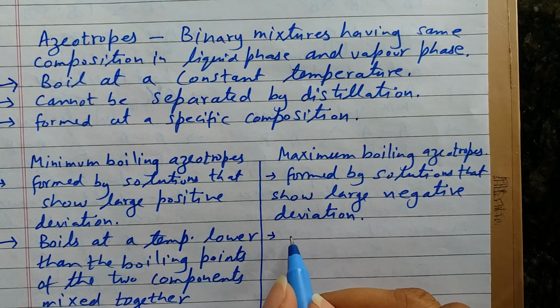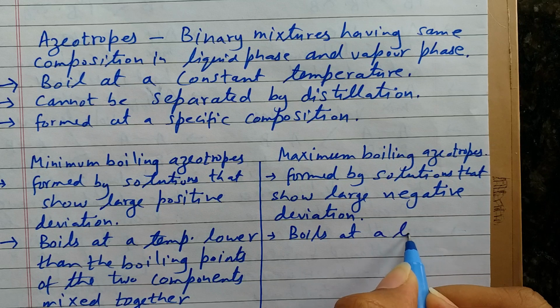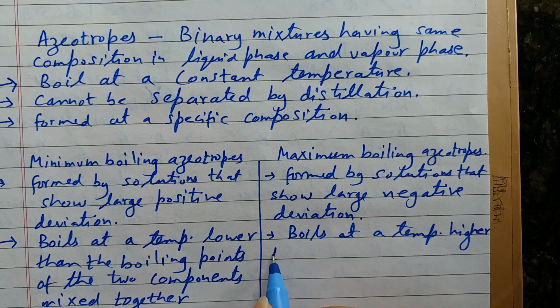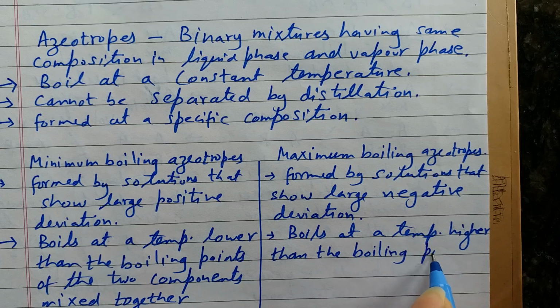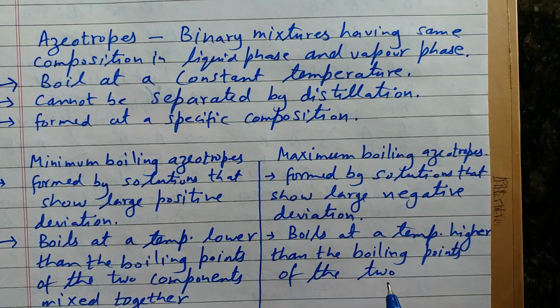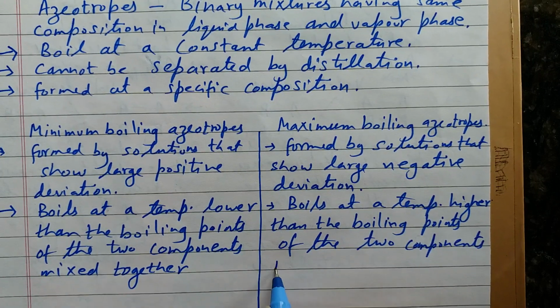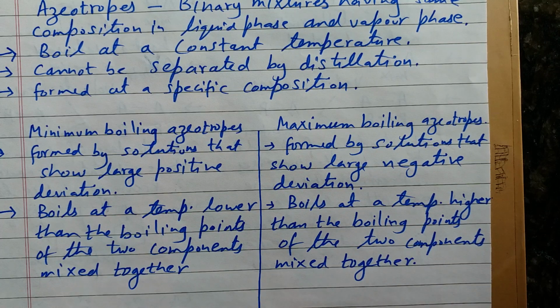And you can guess here what will happen. The maximum boiling azeotropic mixture boils at a temperature that is higher than the boiling points of the two components mixed together. So that is why the names are minimum boiling and maximum boiling. Boils at a temperature lower than the two components, boils at a temperature higher than the two components.